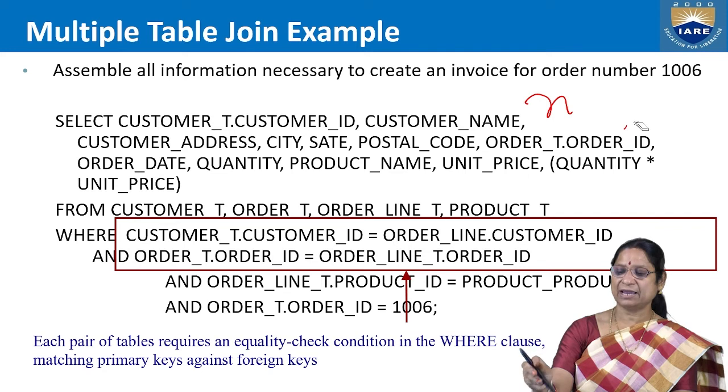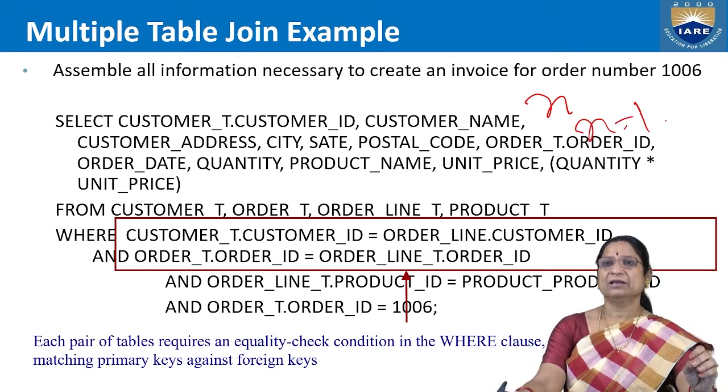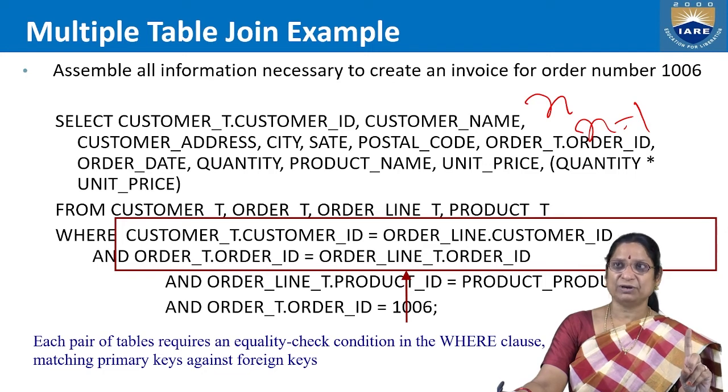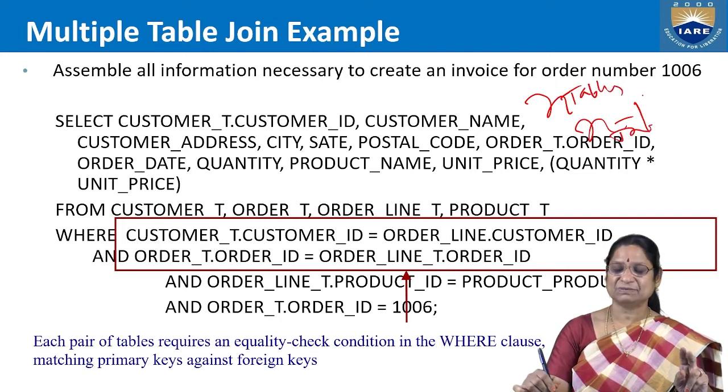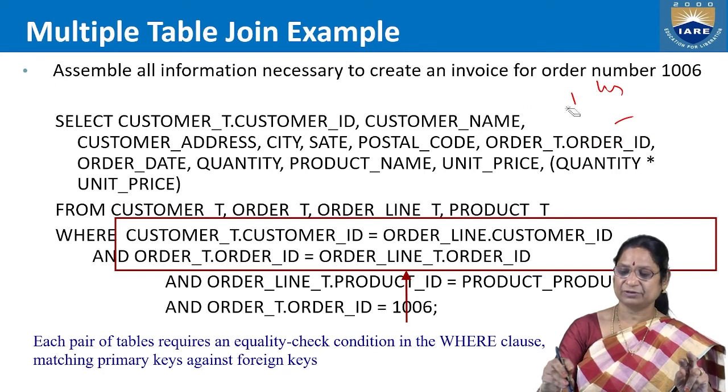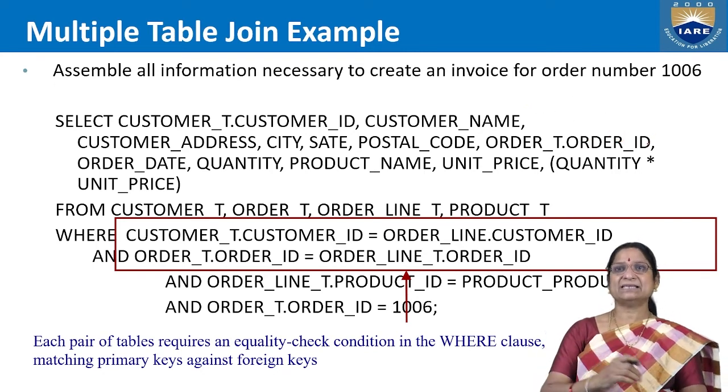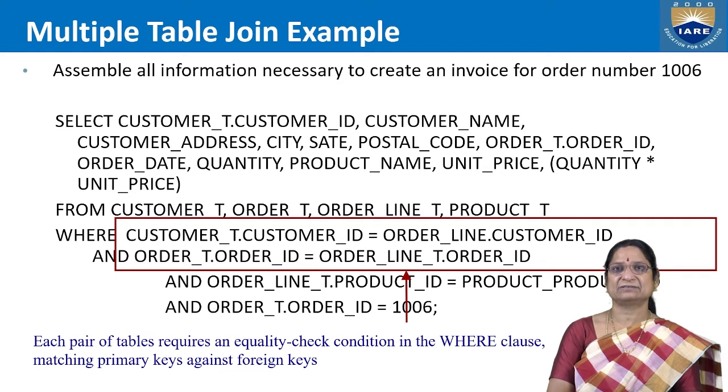I cannot connect all of them with a single join. Two tables, I have used one join condition. Three tables, I am using two conditions. So if we are going to use n tables, n minus 1 join conditions must be there in our WHERE clause. Three tables means I am supposed to use two join conditions, combining the join conditions with the logical operator AND.